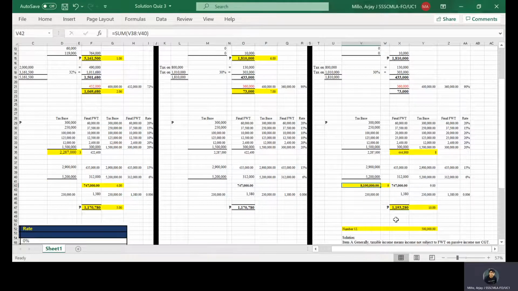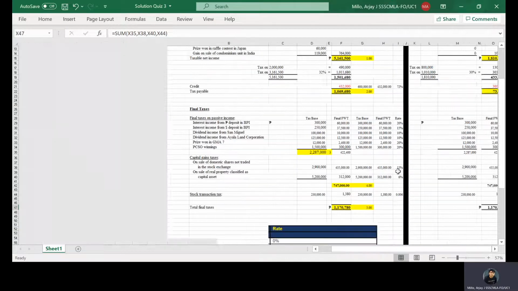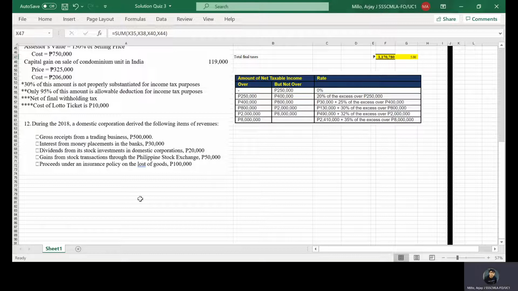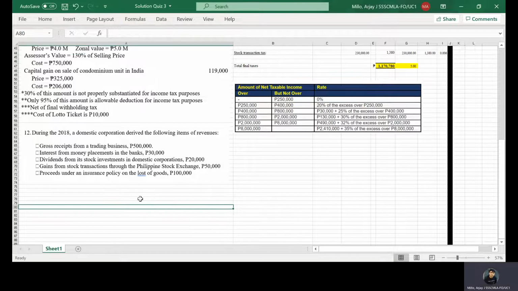And then the last one, what is his total final tax? We add again what we got for final withholding taxes, capital gains taxes, and the stock transaction tax, which is 1,193,208.